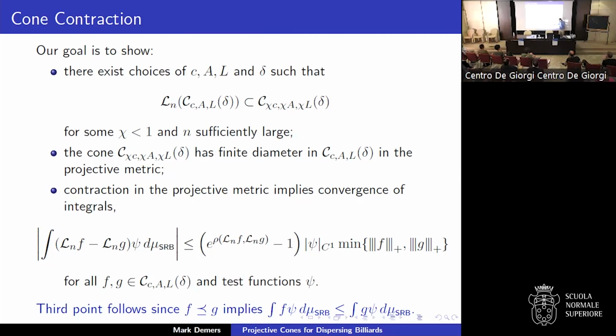If f precedes g in the cone, then actually for some class of test functions psi, these integrals are also ordered. And that's the consequence of this plus minus stuff that dominates the integral. And so that is the sort of dominance that you need in order to say that your projective metric in the cone will imply contraction of integrals.